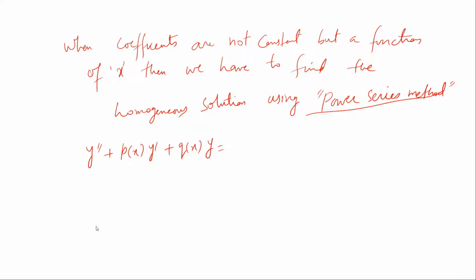When we are solving Ly equals 0, the homogeneous equation, where p of x and q of x are non-constant functions of x, then this can only be solved with the help of the power series method, so that we can get y h. So to find y h we have to use the power series method.